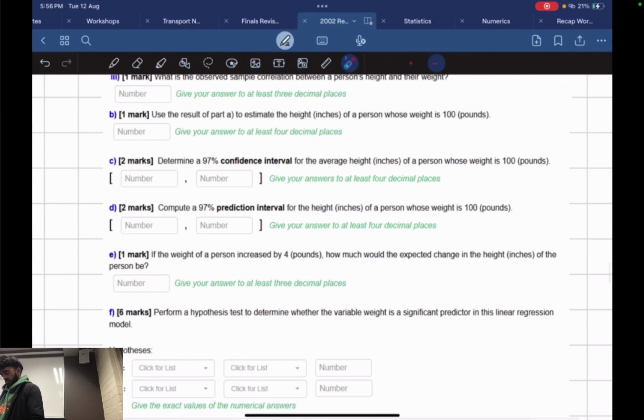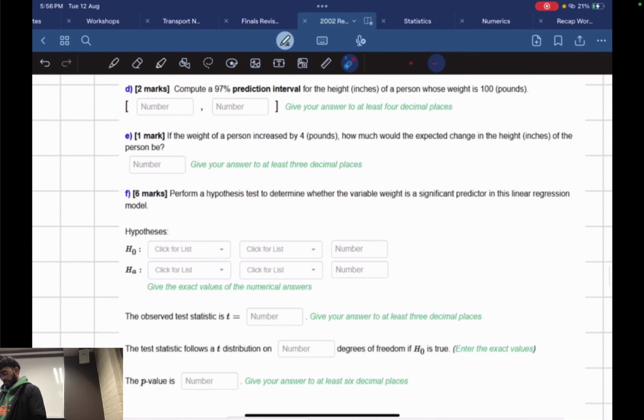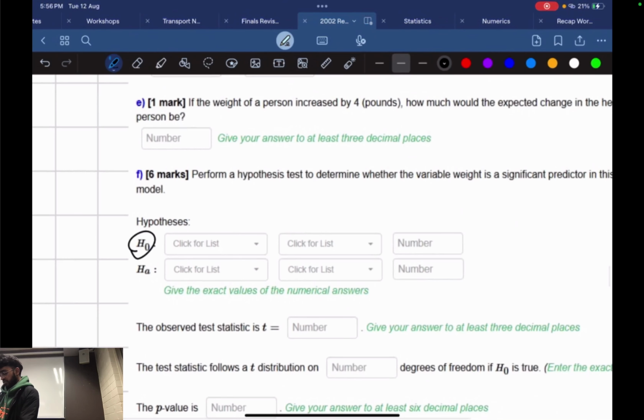I'll be honest, I don't quite remember this stuff, but I'll try to go through it. So H0 stands for, like, we're looking for a hypothesis test for beta 0. This one will be beta 1.